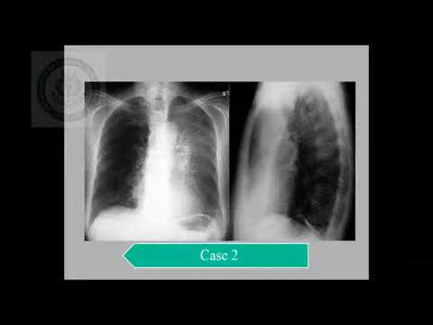Now this is case 2, where again you are able to see a diffuse increase in opacity of the left lung field, whereas the right lung is perfectly normal. You are able to see the aortic knuckle well made out, and that means the aortic knuckle is a posterior structure, but the left heart border is a little obscured by the opacity.